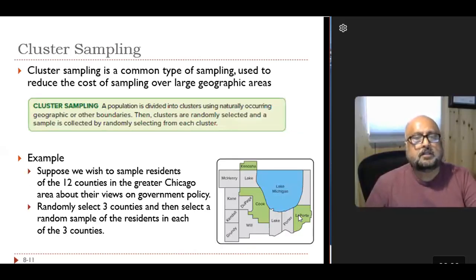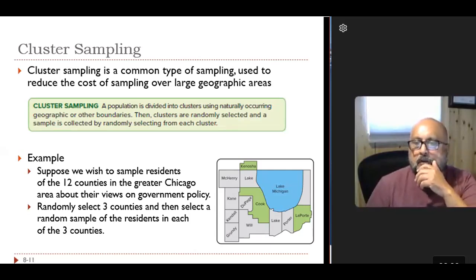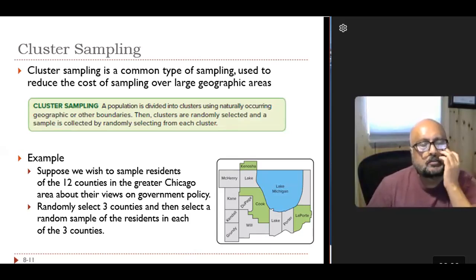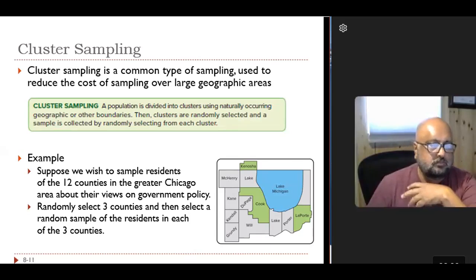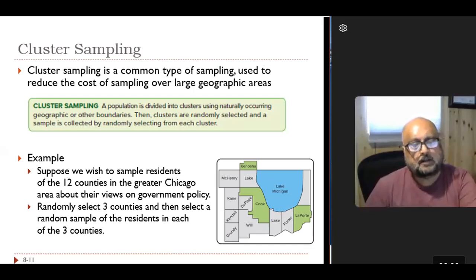In this case, we have 12 counties and we need to select 3 counties and then select a random sample out of them, right? It's pretty straightforward. If you try to draw a sample from all 12 counties in greater Chicago, it will take a very long time and it may not be practically possible.